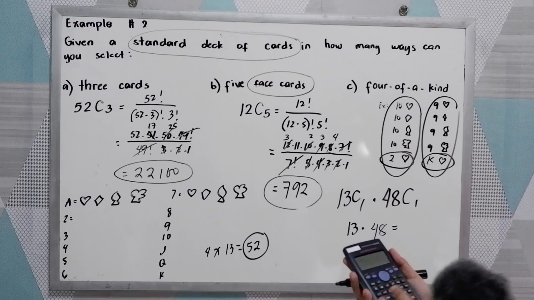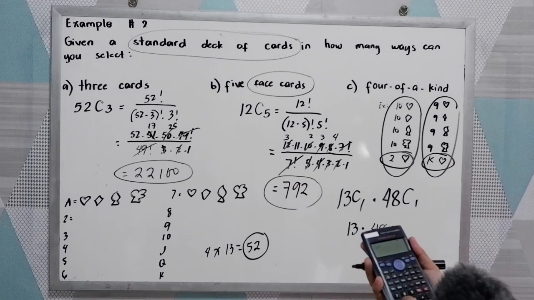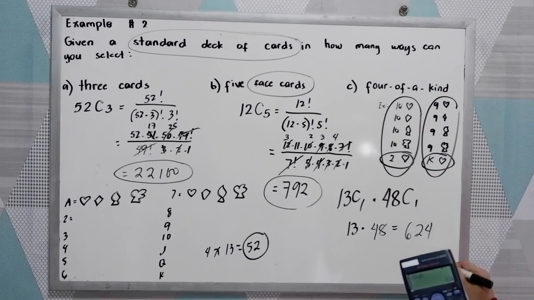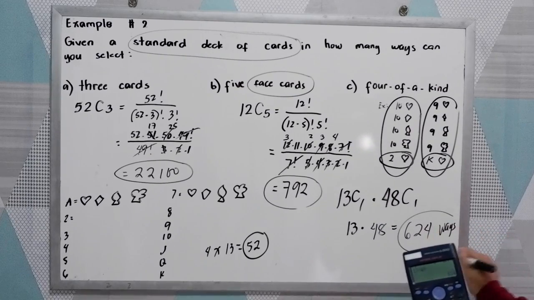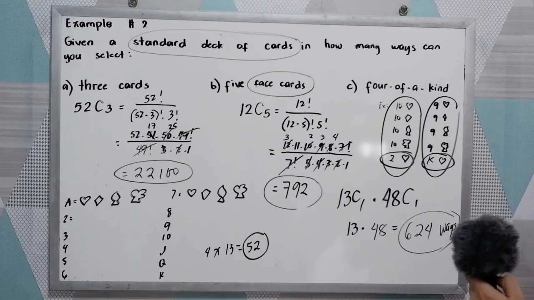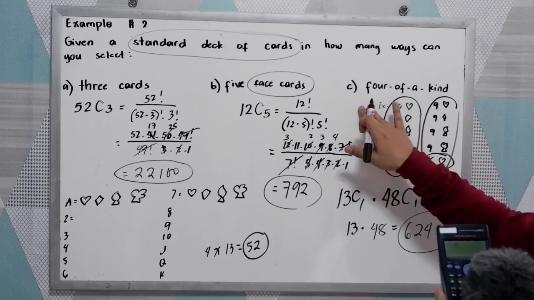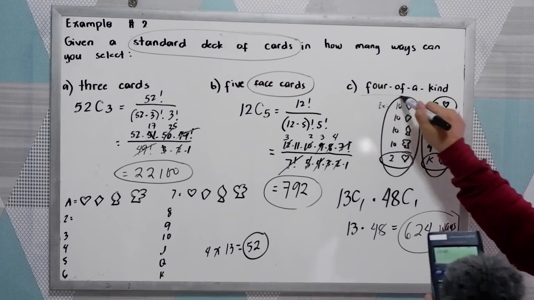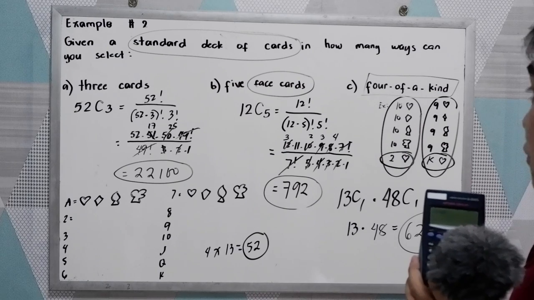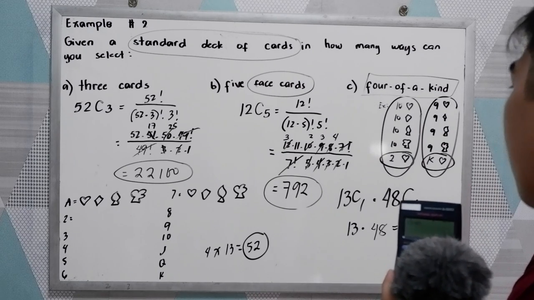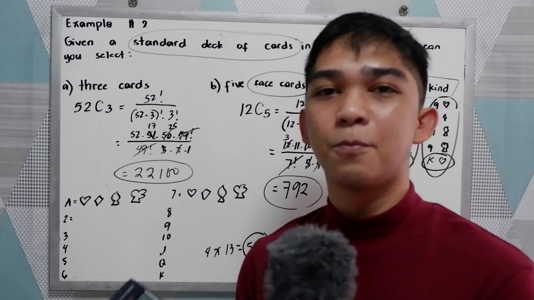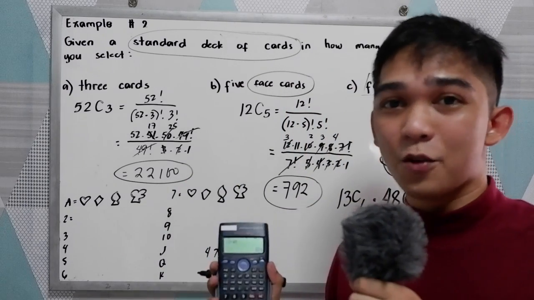And our final answer, 13 times 48, that is 624. Yes. So there are 624 ways to choose 4 of a kind. So letter C is a little bit confusing because you need to analyze this word first. That is a set of 5 cards with 4 cards of the same kind and 1 card with a different kind.